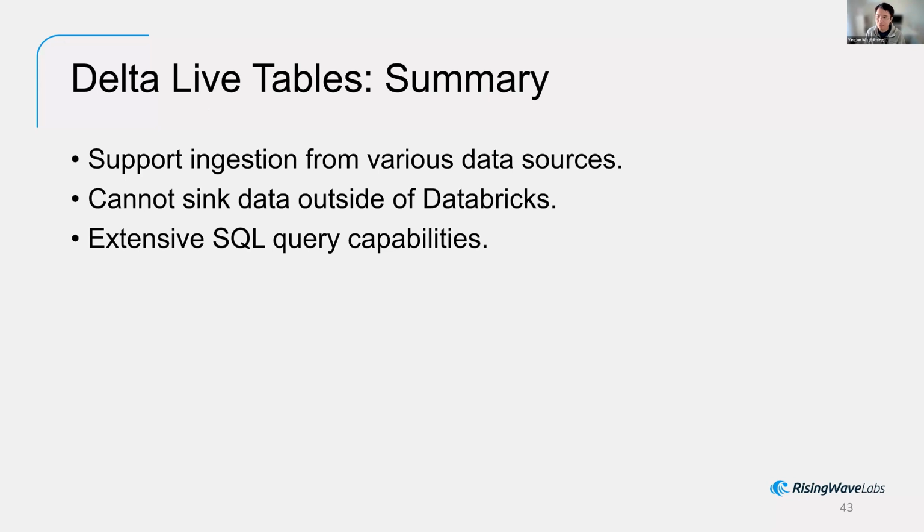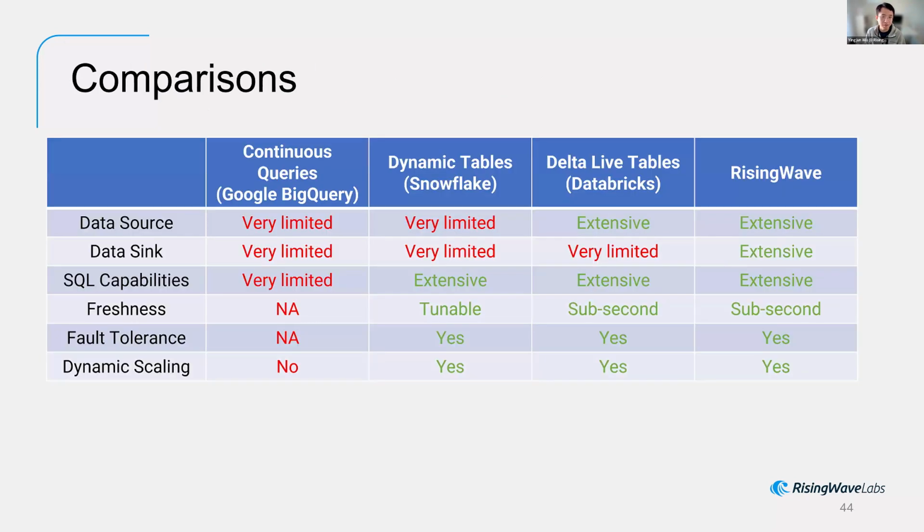Cool. Let's conclude. We have continuous queries in Google's BigQuery, dynamic tables from Snowflake, and Delta Live Tables from Databricks. And we also have RisingWave, because RisingWave is also a stream processing engine, but it's not tied with any of these big vendors.